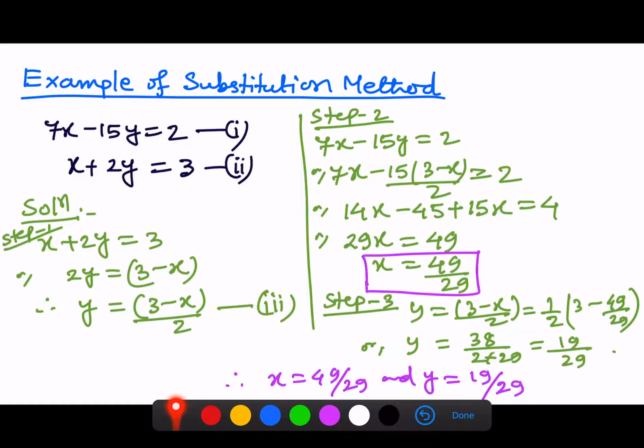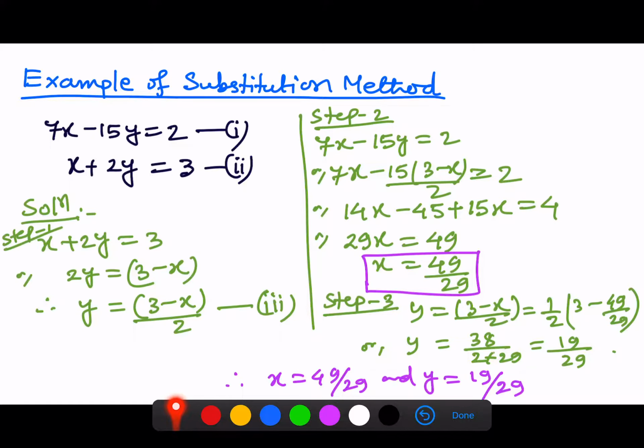Now step 2, y is substituted in equation 1. In place of y we replace the value (3 minus x) by 2. Now here we put the value: 7x minus 15 into (3 minus x) by 2 equals 2. Now we simplify the expression and we get x equals 49 by 29.